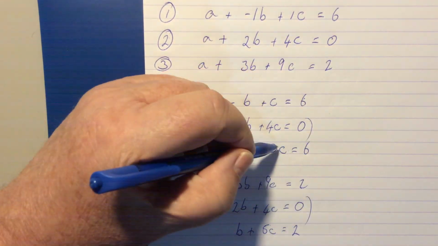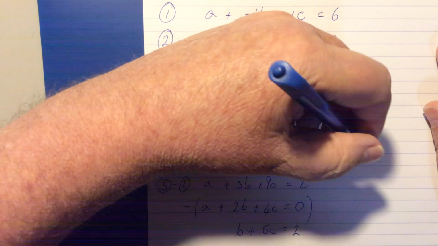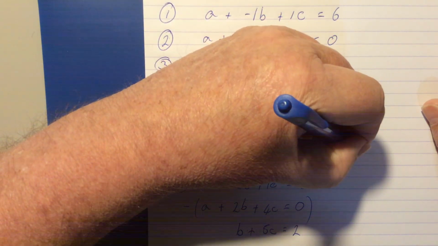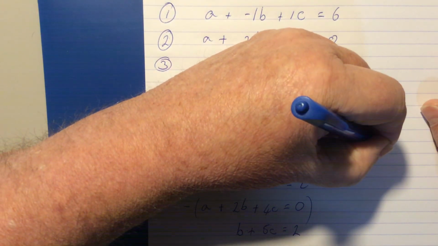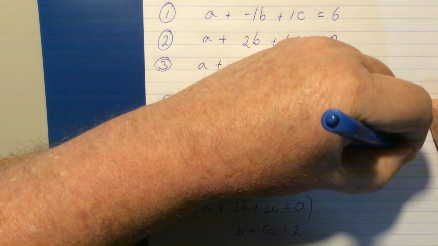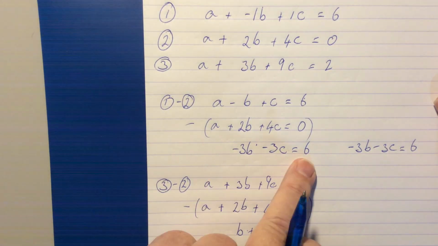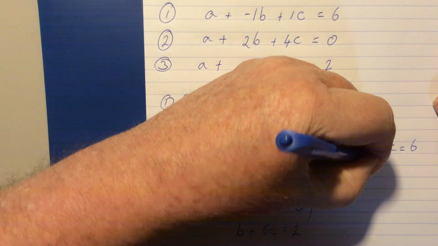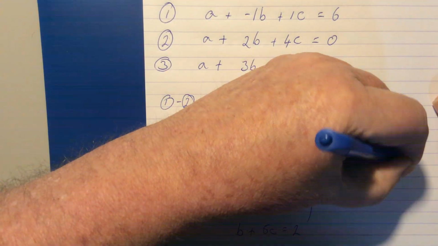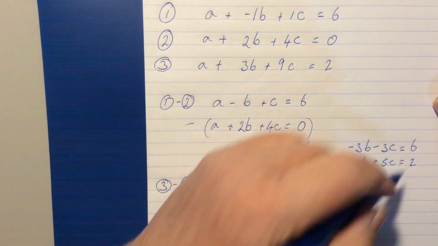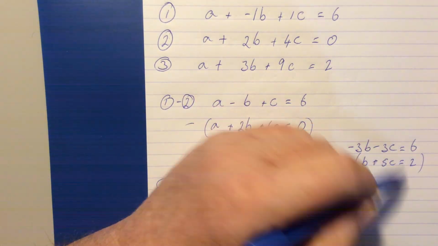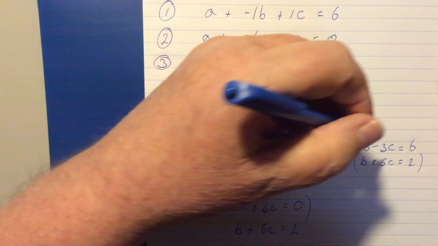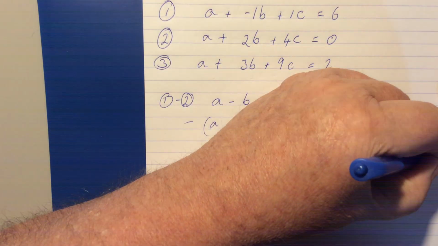Now, we have this equation and this equation. So let's go to work. -3b minus 3c equals 6. That's this equation. And b plus 5c equals 2. Now, what I'm going to do is eliminate, which is what I've been doing all the way along, but it's more obvious here.